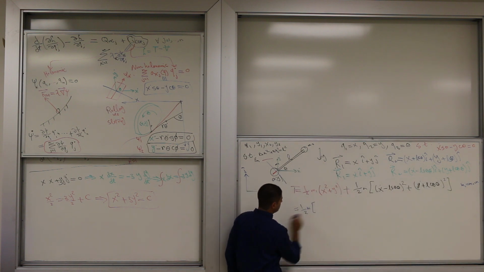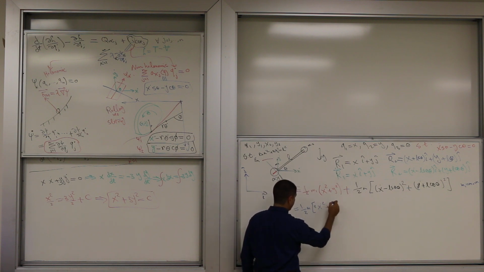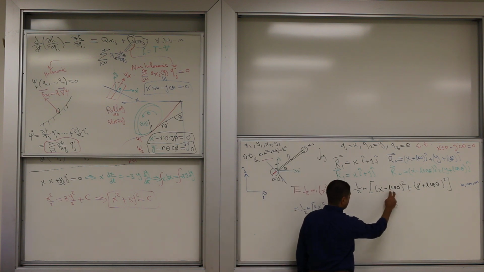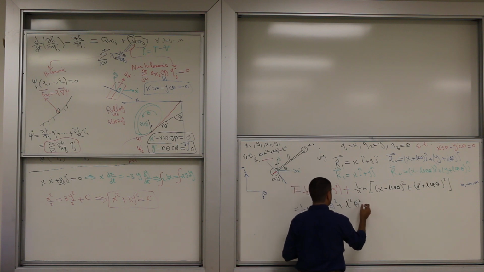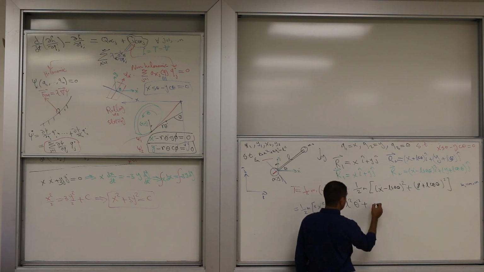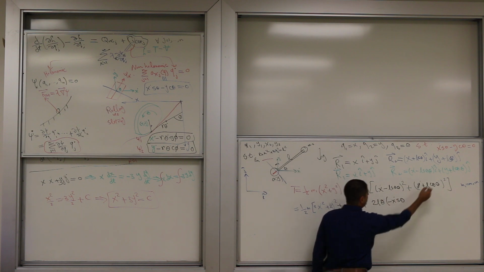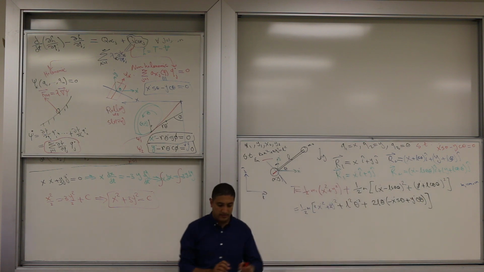So this is 1/2 m, x dot squared from here and there, y dot squared from here and there. And here we'll have L squared sine squared, L squared cosine squared, so this is L squared theta dot squared, plus the product term from here, which is minus 2L theta dot times x dot sine theta minus y dot cosine theta. Okay?